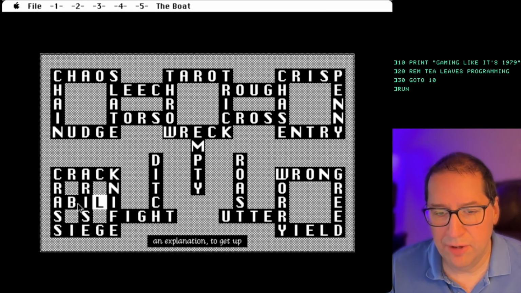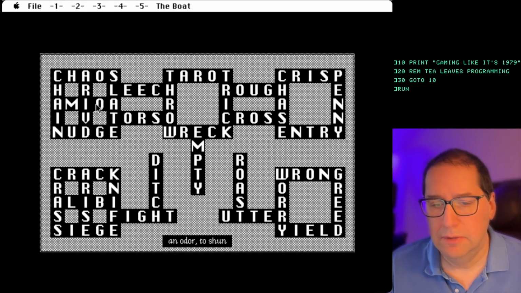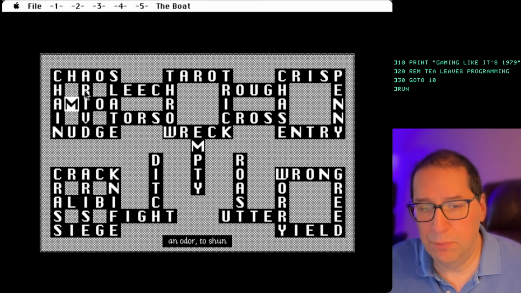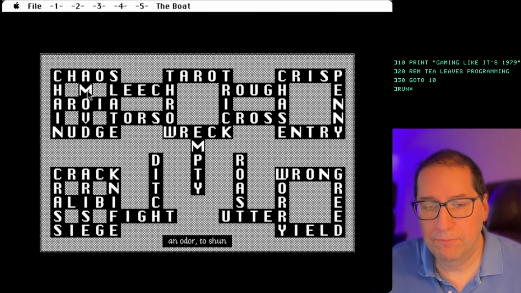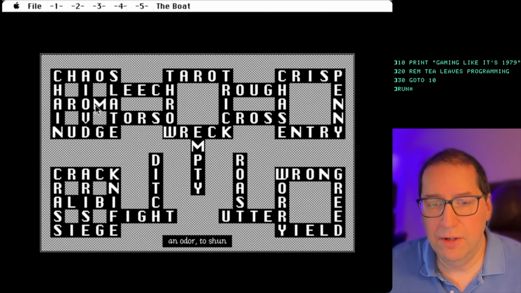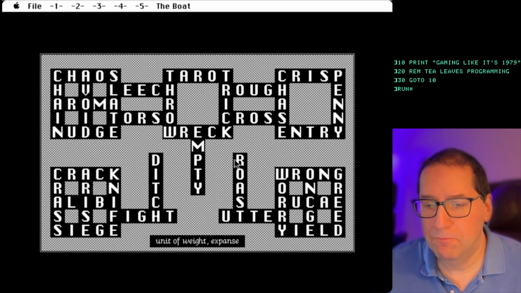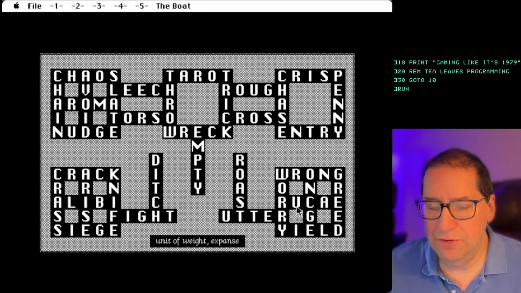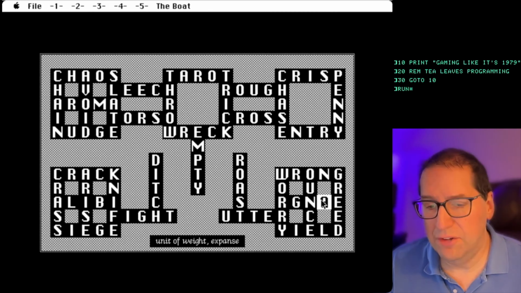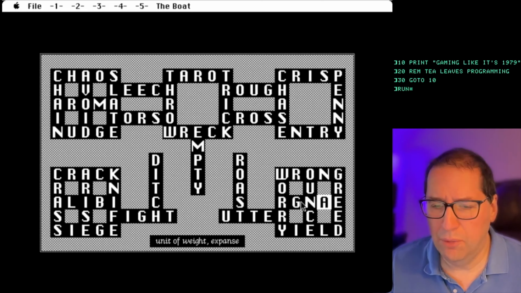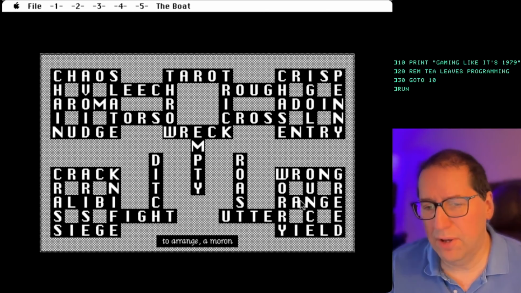And alibi for explanation. An odor, that's going to be aroma. And to shun, avoid. A unit of weight and an expanse, ounce. And a range. Is a range? No. Expanse is a range? Okay. To arrange and a moron.